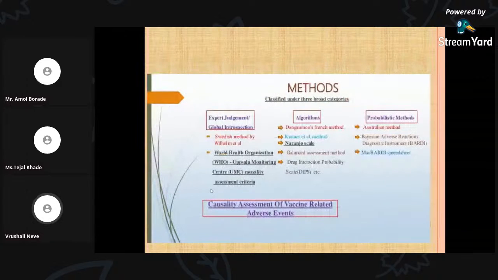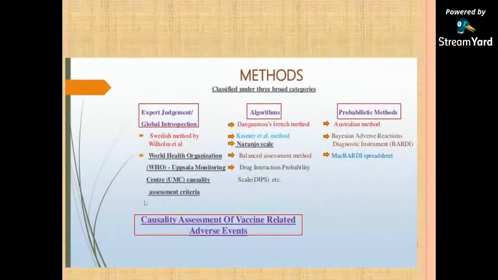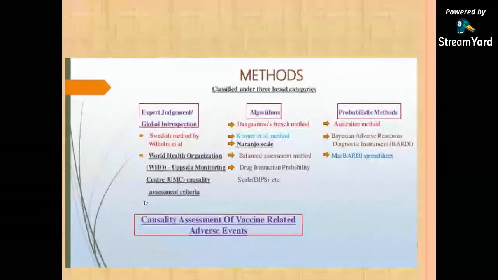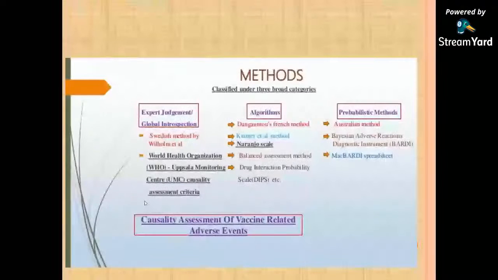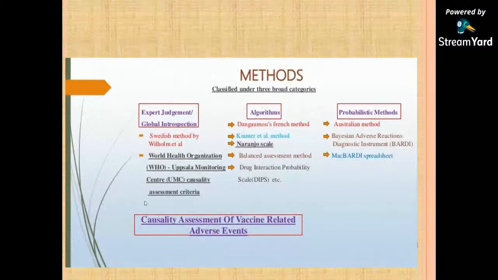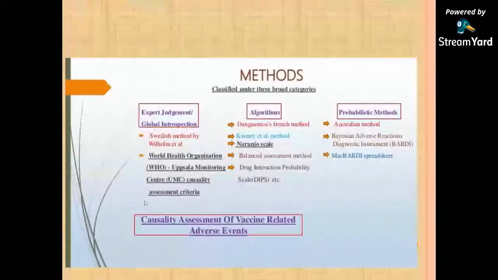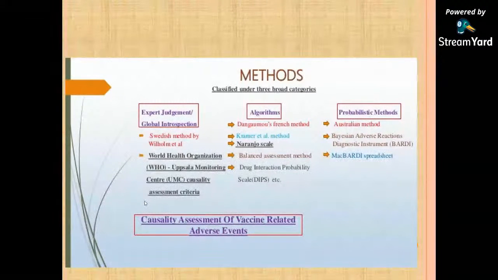Here three methods for causality assessment are given. First is expert judgment, second is the algorithm, and third is the probabilistic method. The expert judgment method comes from Sweden and is used by the WHO Uppsala Monitoring Centre. The second method is the algorithm, given by France, which is why it is called the French method.